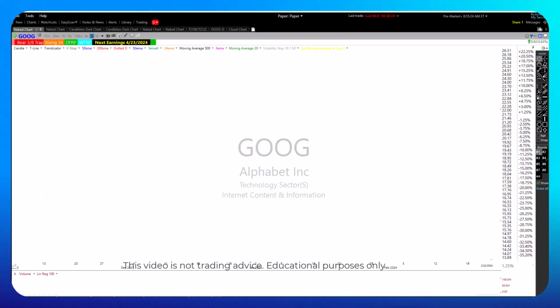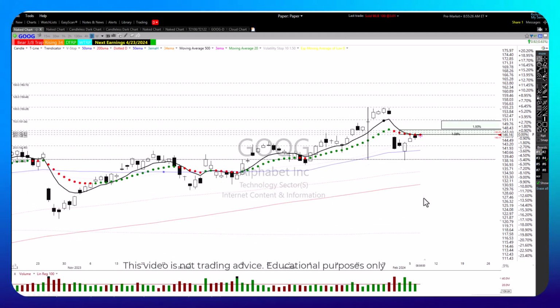Let's see, Google. Here's my plan to trade Google. What I'm looking for on Google, you see this little run right here? I'm not in that. I'm not interested in buying Google today. What I'm interested in is Google breaking out of this area right here. And it could go up 1 day, 2 days, 3 days.